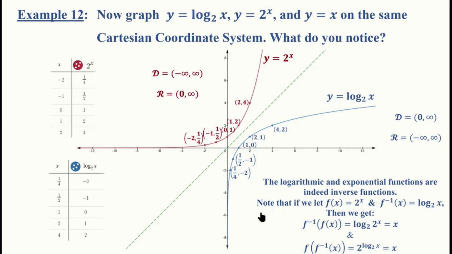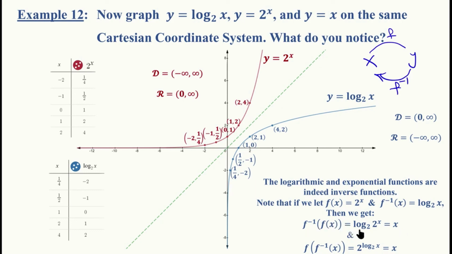Remember, if you have two inverse functions and you start with an input, apply one of the functions to get an output, then the inverse should take you back to that. So if you follow those two functions back to back in the form of composition, start with x, apply f to it, and then apply f inverse to that outcome, you should get back to x.